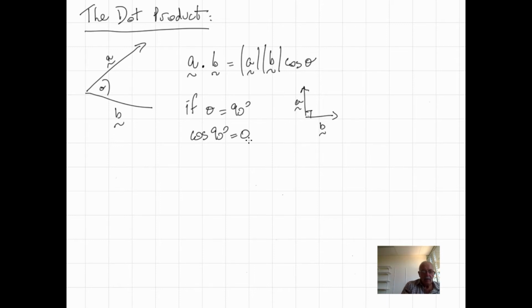So therefore, A dot B, or the dot product, will be equal to the absolute value of A, the absolute value of B, the magnitude, times cos of 90, which is equal to 0, and that'll be equal to 0.